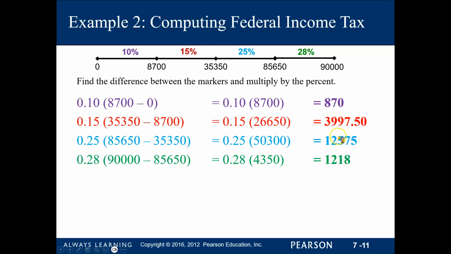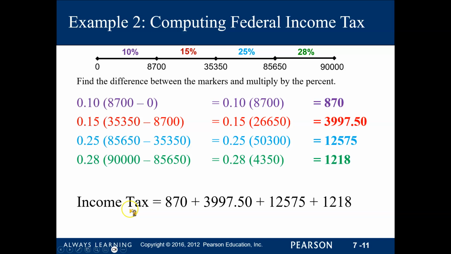All these amounts, we add them all, and that's the income tax to be paid. So for somebody with a 90,000 taxable income, their income tax is about 18,660 and 50 cents.